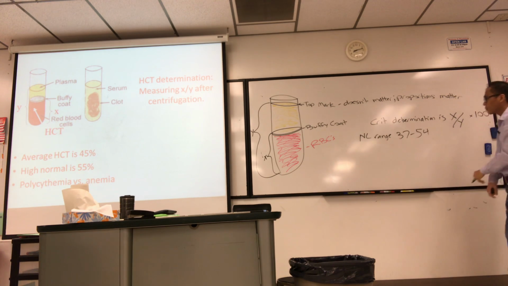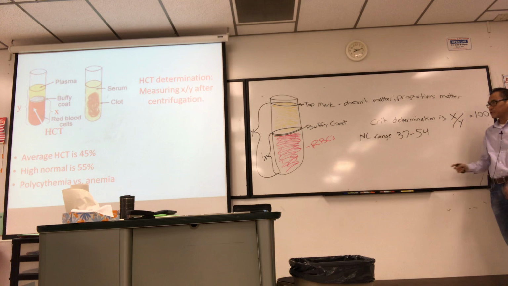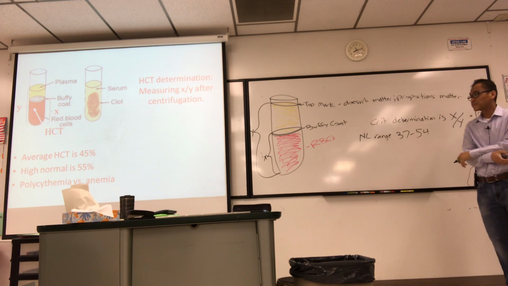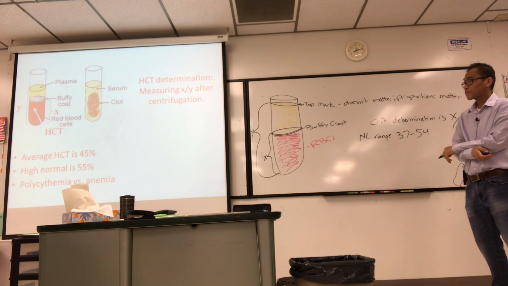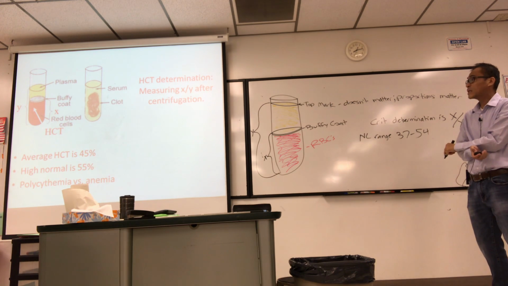That's a normal crit range. That means you fall somewhere within there, 37 to 54%. Your blood carrying capacity is pretty normal. So that kind of gets into polycythemia versus anemia, if you have too much or too little blood.